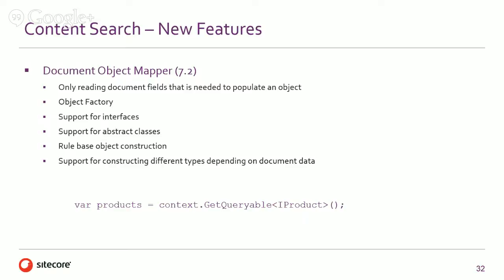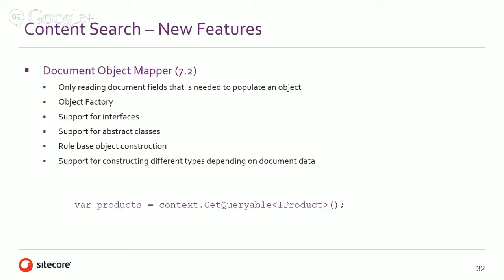And a completely new component is the object factory, which takes care of constructing the actual type, the result type. So the object mapper hands off the request to the factory for an object to be created, and this means that we are now supporting interfaces.